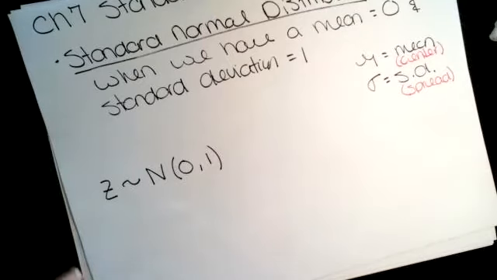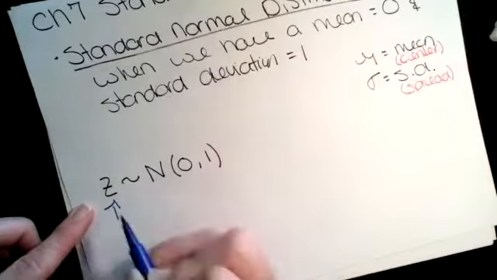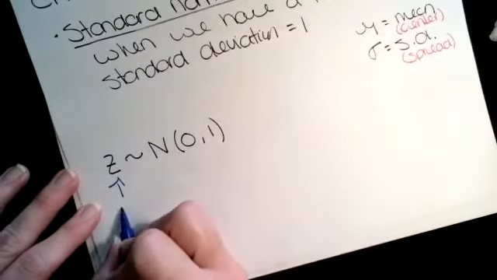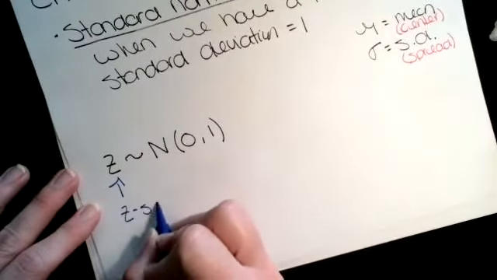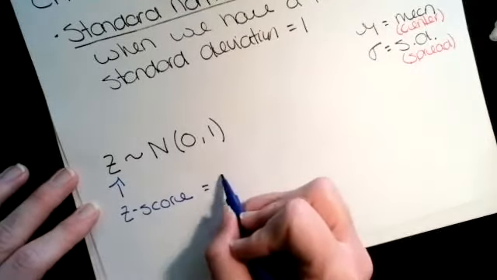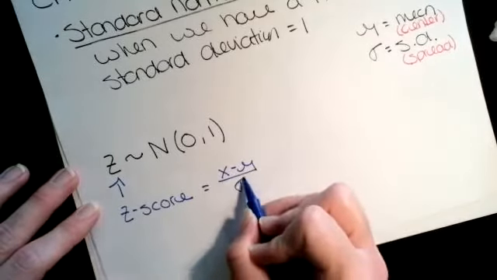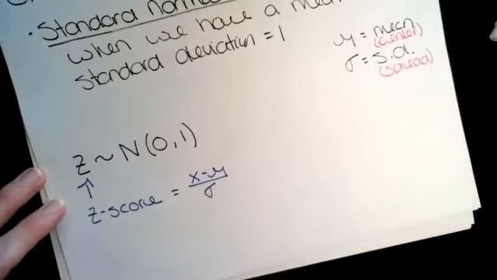So first of all, we have Z here today. Last class we had X. Z, you should think about Z-score. Remember we talked about Z-score back in chapter 3? That was my data value X minus my mean divided by my standard deviation.